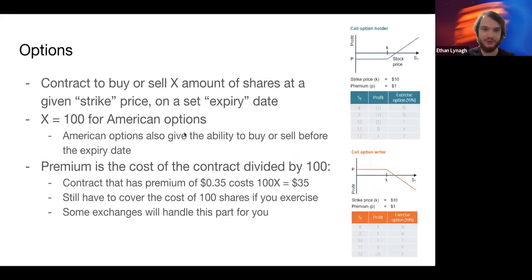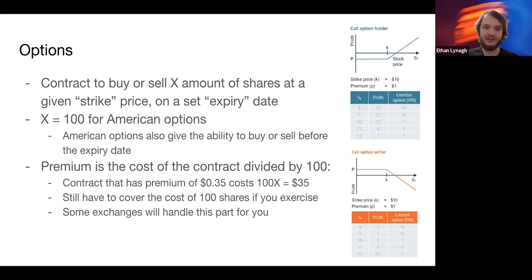However, there is one other pretty common instrument that we will be focusing a lot on as well, and these are options. They're a contract to buy or sell a certain amount of shares at a given strike, the price that you would expect it to be on a set expiry date.